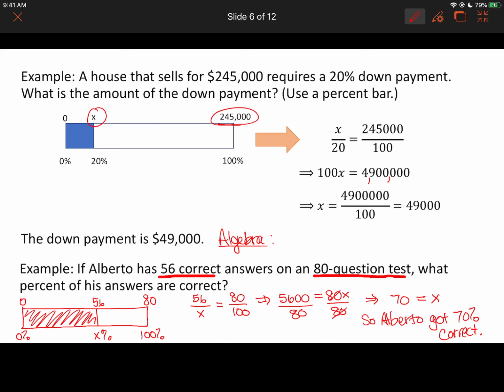So what I want to know is 56 over 80, I'm going to call this y. And if you do that division it is 0.70. So what that means is that Alberto got, let's convert our decimal to a percent, right? 70% correct.